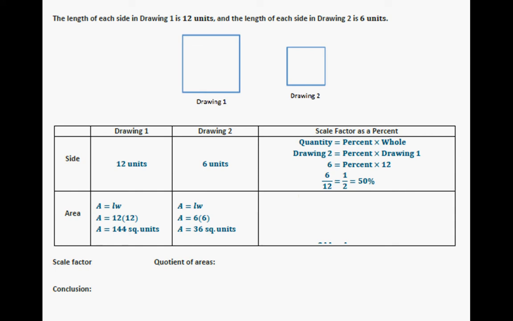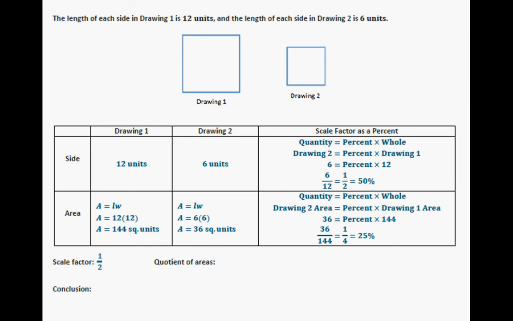So what do you think the scale factor as a percent is going to be? Well, setting it up like we've been doing for the last several problems, 36 is equal to percent times 144, and 36 divided by 144 is 1/4, which is 25%.